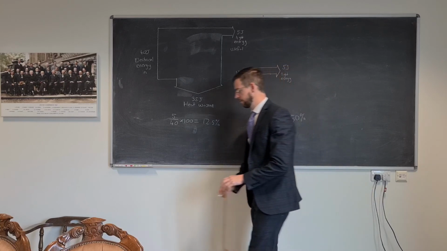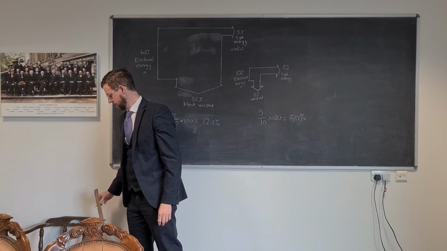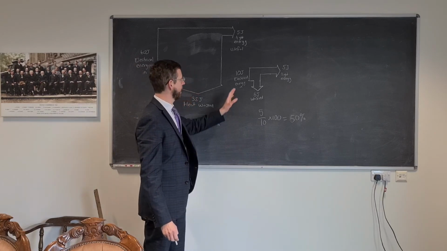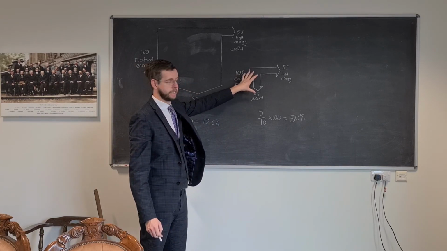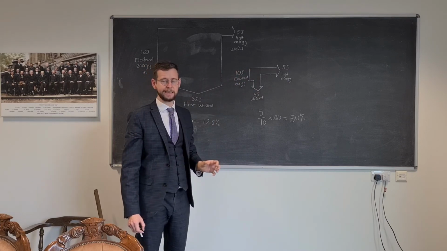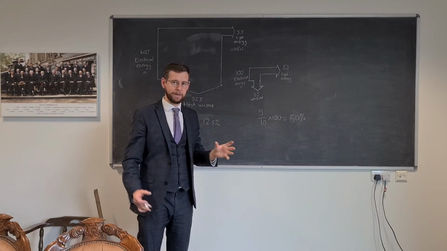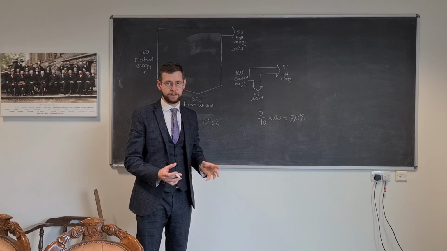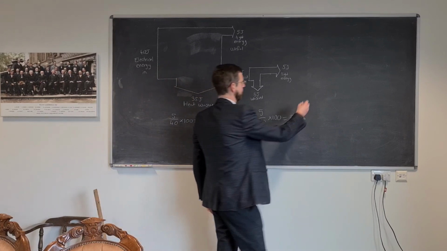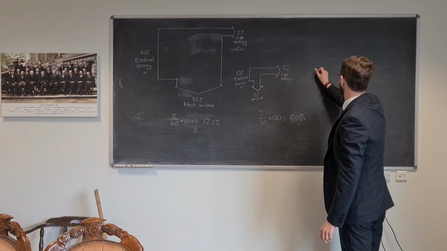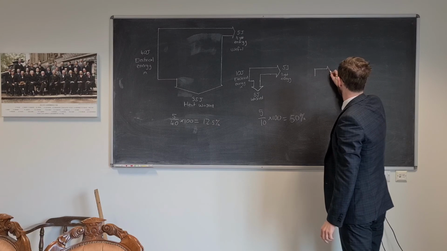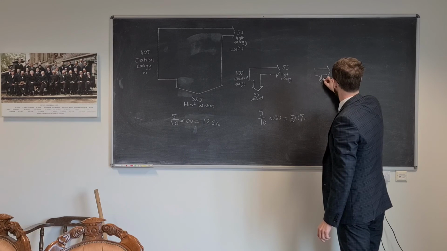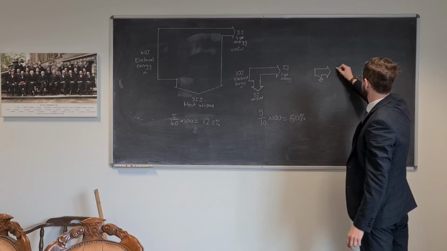Now these Sankey diagrams, they don't have to be drawn exactly like this, because what I could draw is I could draw this scaled up to the same scale as that. It doesn't actually matter how big the diagram is. They can be drawn to scale just to represent the efficiency. For example, if I freehand sketched a Sankey diagram that looked like this, you would know that was very efficient.